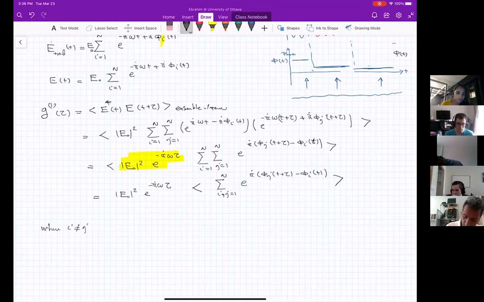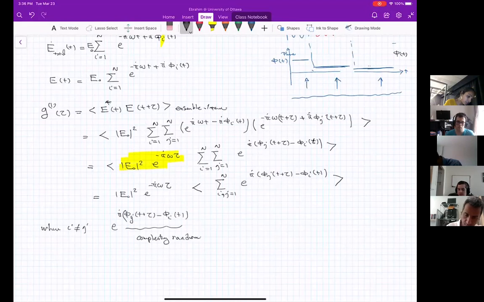Then we have this term, which is exponential of i phi i plus t plus 2 minus phi i. Is there any relation between these two? No. They are completely random, because they are coming from two different atoms.